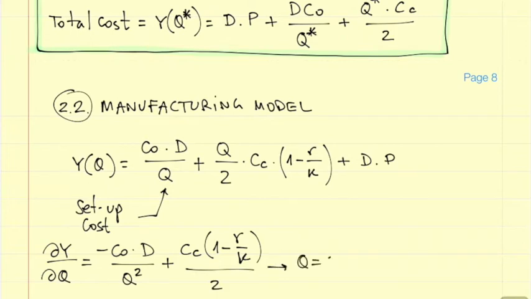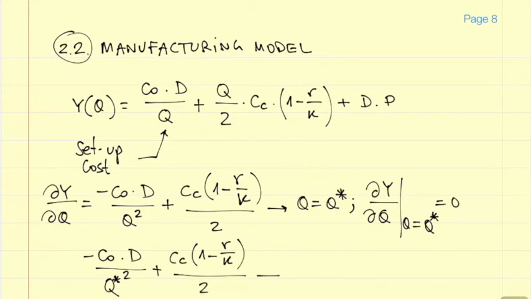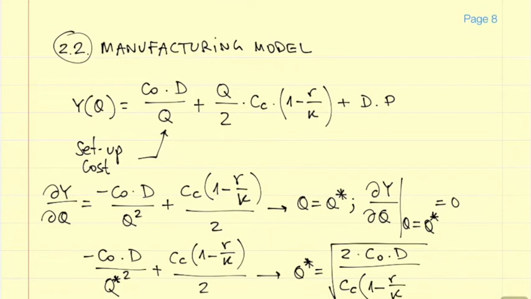If Q equals Q star, then the partial derivation with Q equals Q star is 0. Then we have CO times D divided by Q star square plus CC times (1 minus R divided by K) divided by 2. So the Q star equals the square root of 2 times CO times D divided by CC times (1 minus R divided by K).